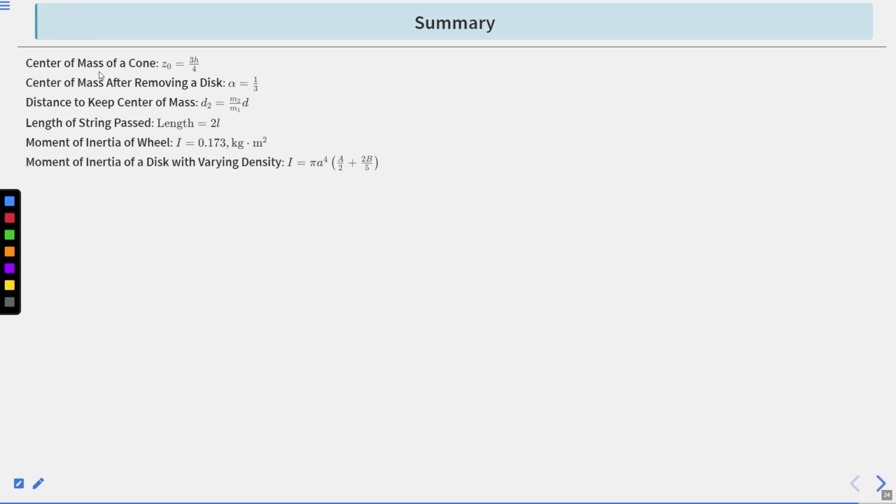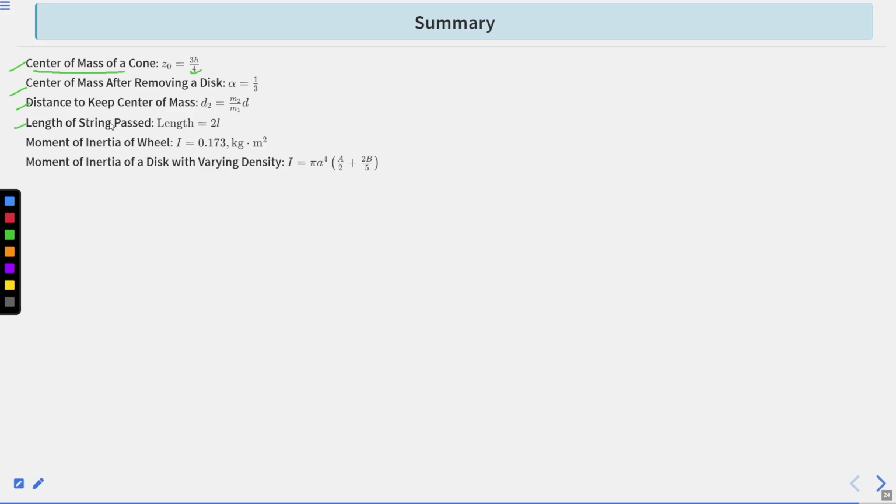Now the summary. The major formulas we learned in this lecture are: the center of mass of a cone, which is z naught equal to 3h by 4. Second, the center of mass after removing a disk, alpha equal to 1 by 3, and the distance to keep the center of mass, d2 equal to m2 d divided by m1.